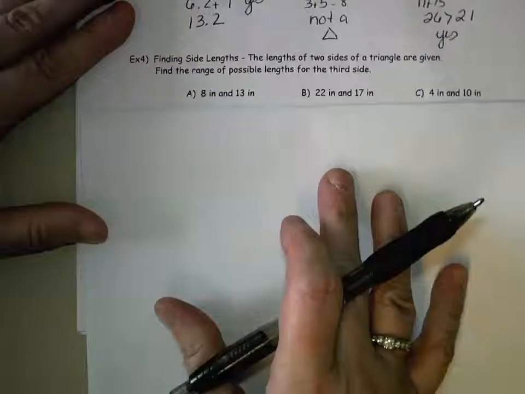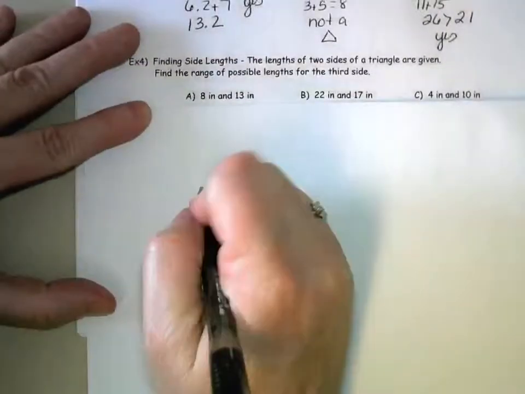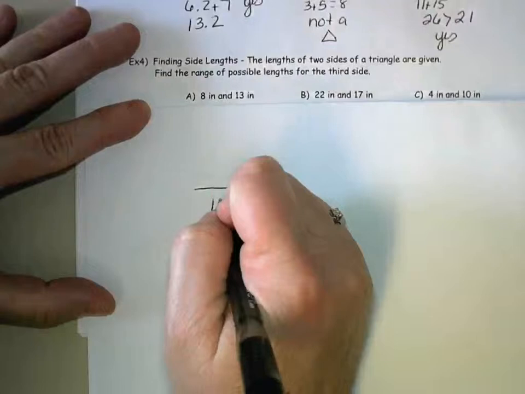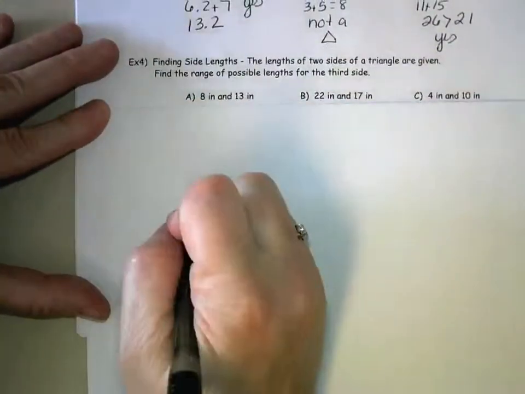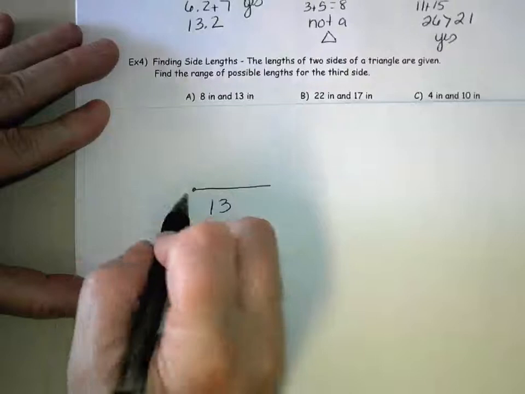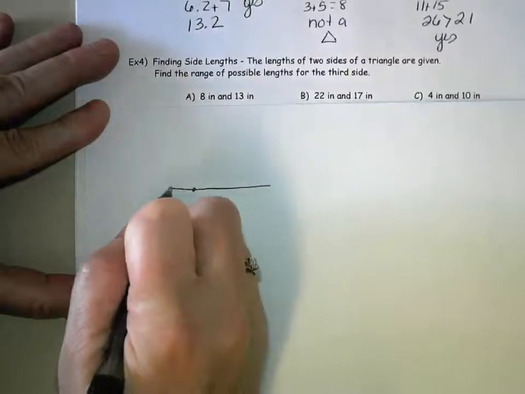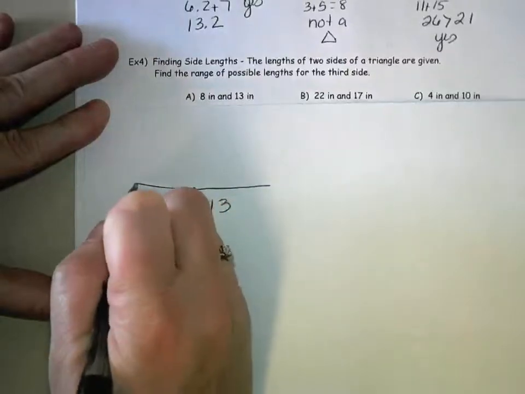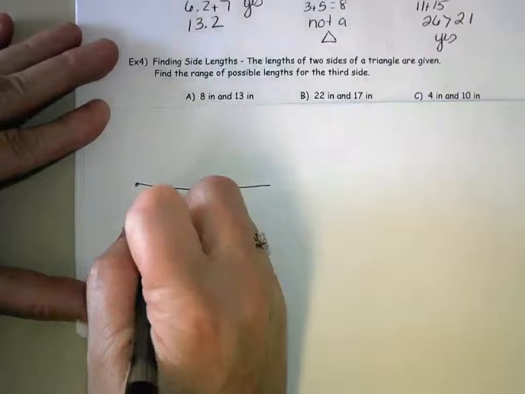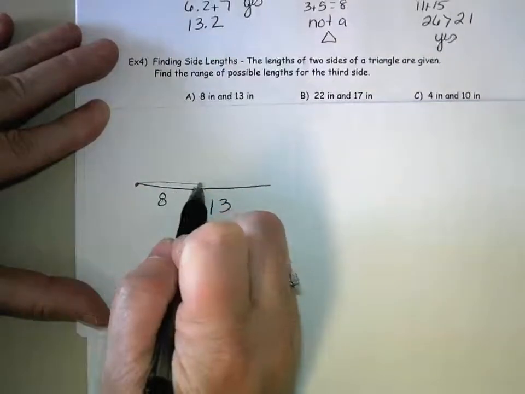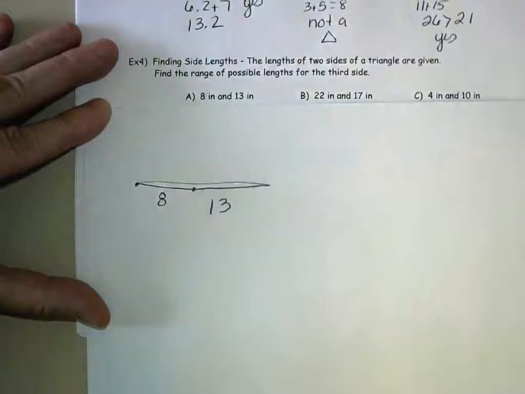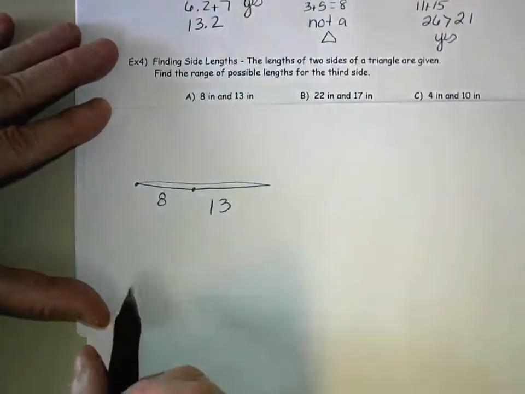So let me just draw this here. If this is our base, and that is 13, the biggest triangle we could make would be if this thing went way, way, way out here, and that was 8, and then you would connect that side, and that would be a very, very wide obtuse triangle.